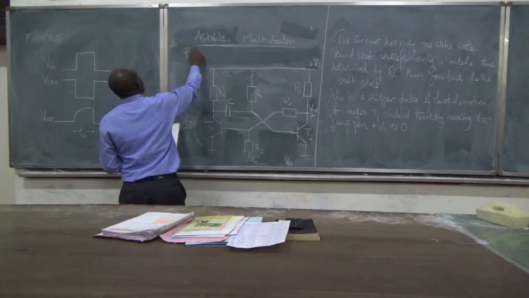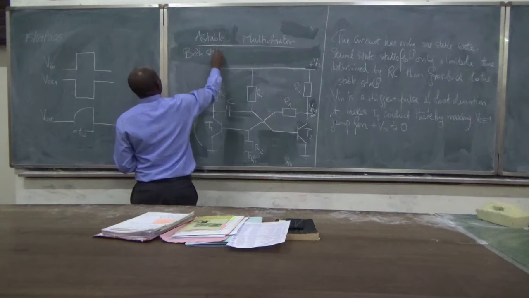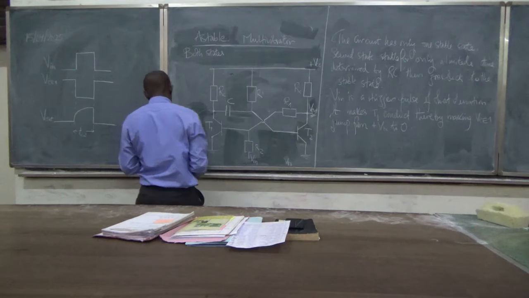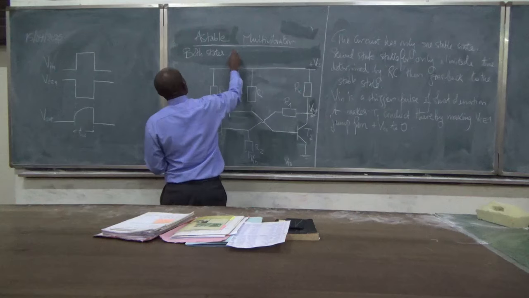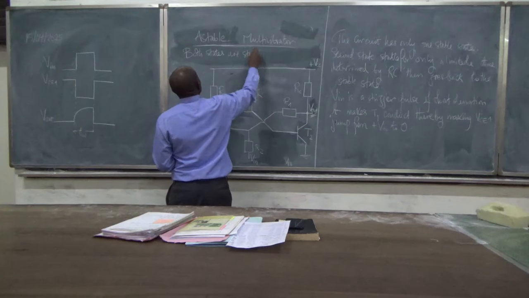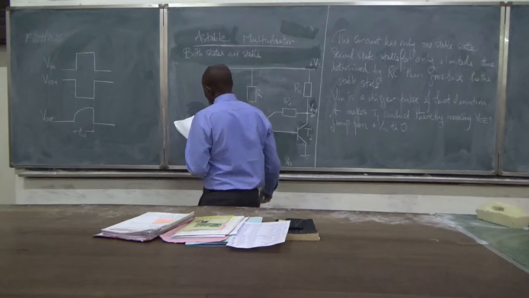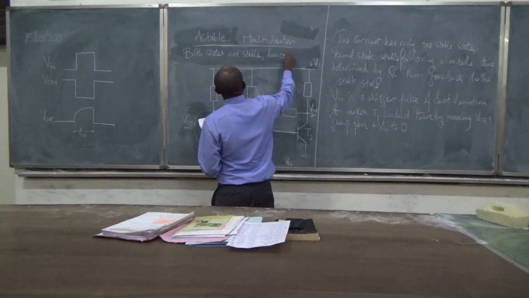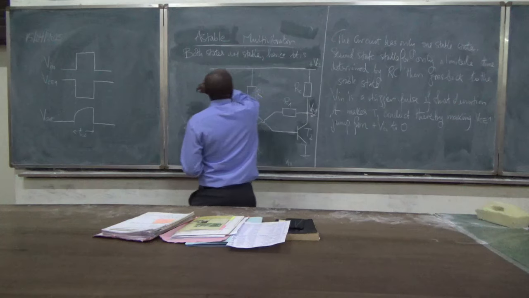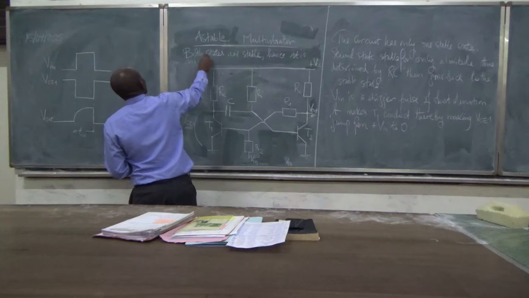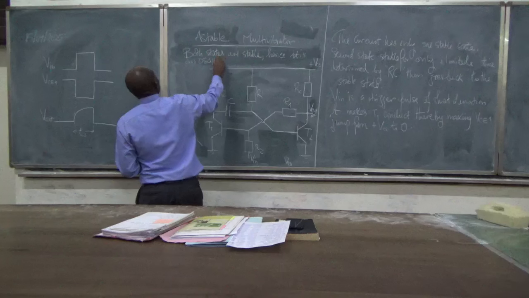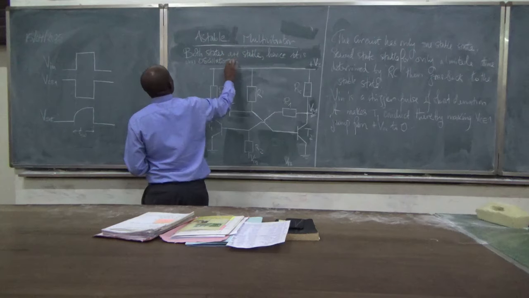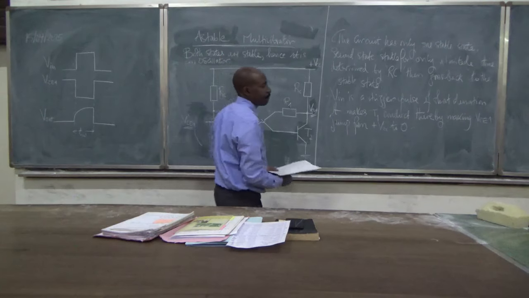Both states are unstable, hence it's an oscillator. It oscillates between these two states.